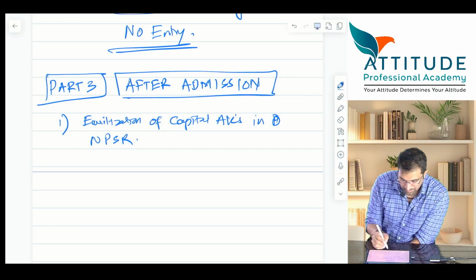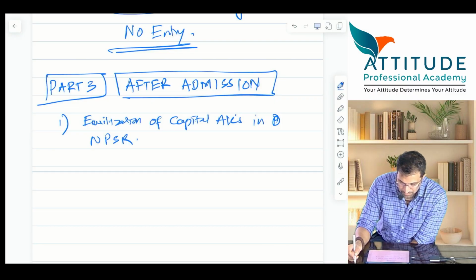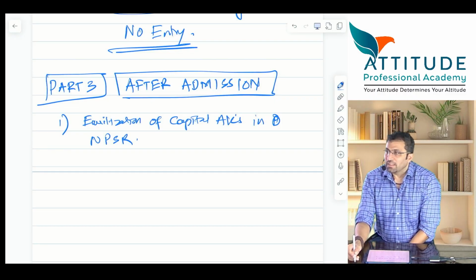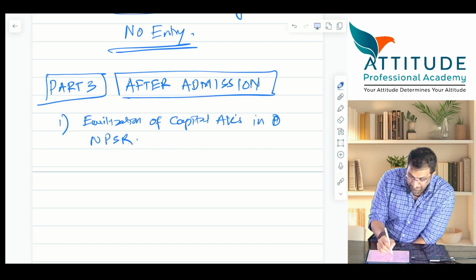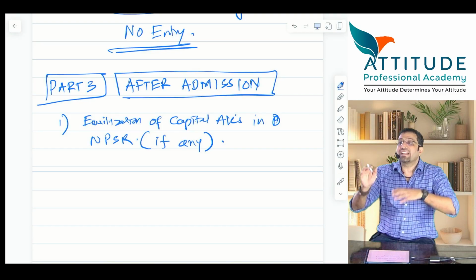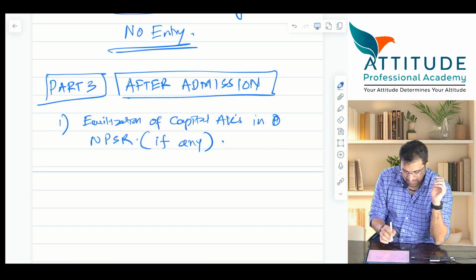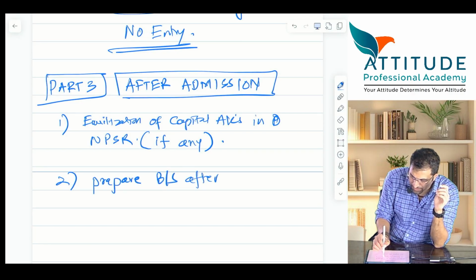Only if it is mentioned in the sum, then do it, otherwise don't. Then the second one is to prepare the balance sheet after admission.